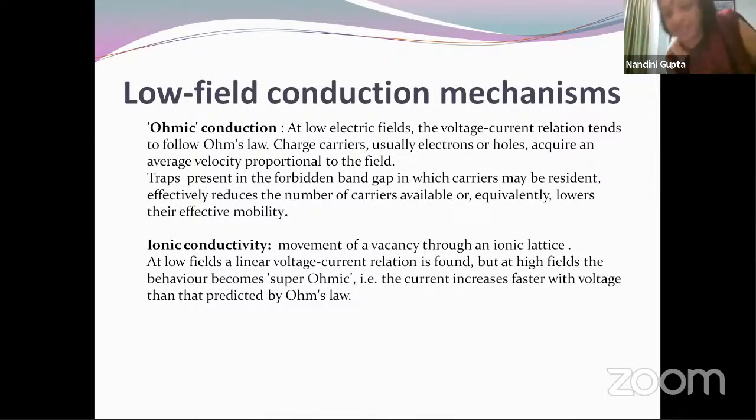So the point is that if you have a current flowing through the material and there are lots of traps in the material, what it would mean is that some of the charges, as they're flowing through the material, would get trapped. So what are you actually doing? You're actually removing charge carriers.